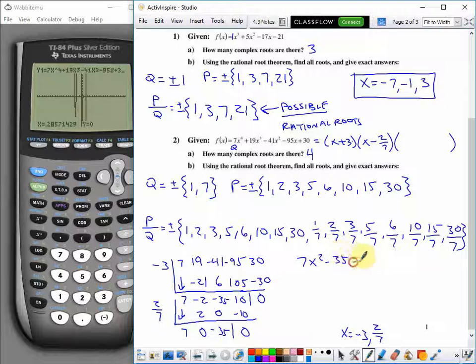And I'm going to set that equal to 0 and solve. So I'll move that negative 35 over. 7x squared equals 35. Divide by 7. x squared equals 5. Take a square root. x equals plus or minus the square root of 5. So my other two roots are the square root of 5 and the opposite of the square root of 5.